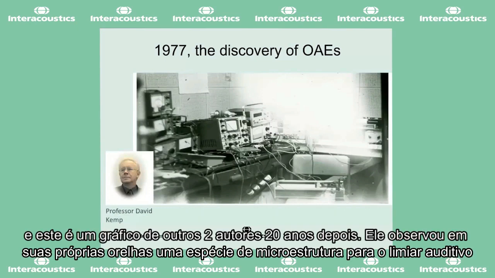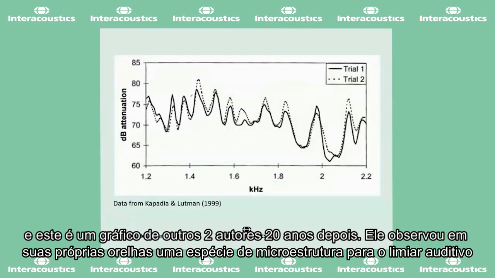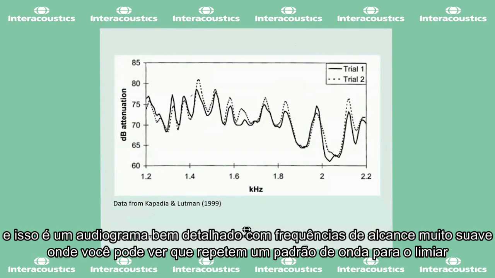And this is a chart from 20 years later from two other authors, but he observed in his own ears a kind of microstructure to the hearing threshold. This is a very detailed audiogram over a very small range of frequencies, and you can see that there's a repeating kind of waveform pattern to the threshold.